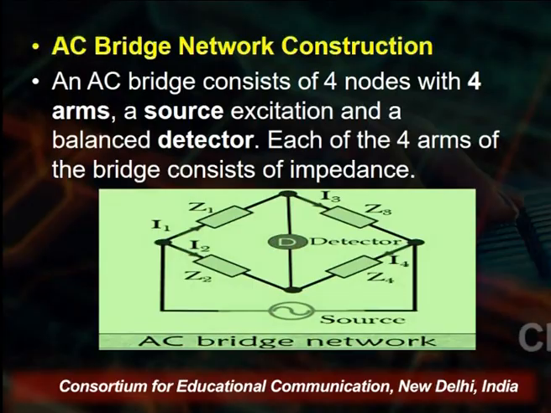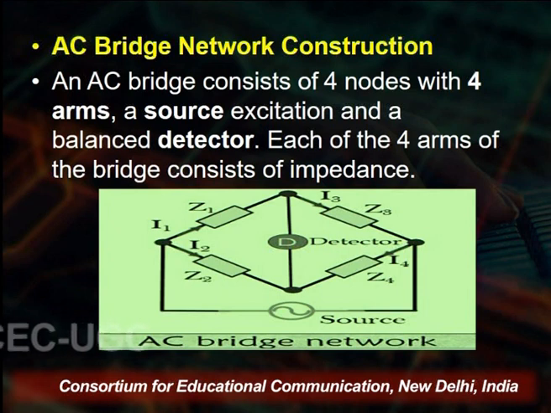Now if we see the AC bridge network construction, an AC bridge consists of 4 nodes with 4 arms. You are seeing here there are 4 arms, and between I1 and I3 you see a source of excitation that is on the bottom, and a balance detector D in between.